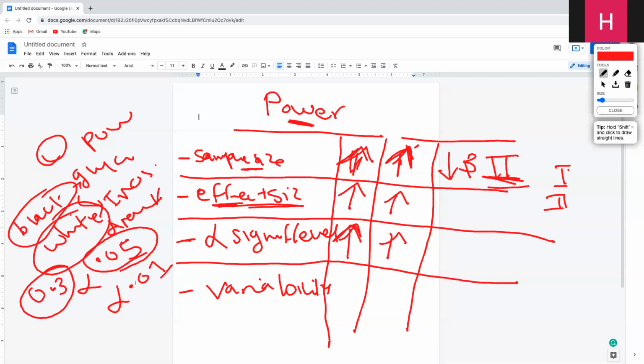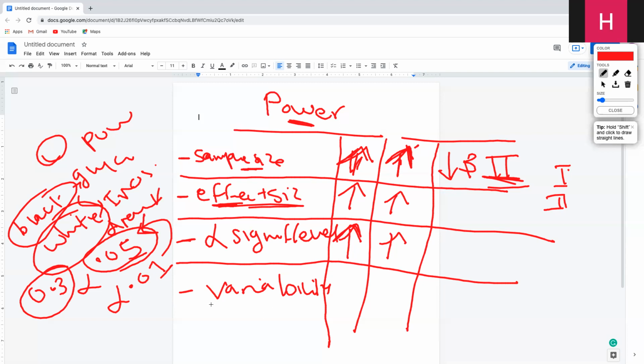While here I am more strict. So I'm not going to accept this value. I'm going to say this is not a statistically significant association. So increasing the significance level of the alpha from 1 to 5 is increasing the power of the study, because here you are more flexible to accept that association.